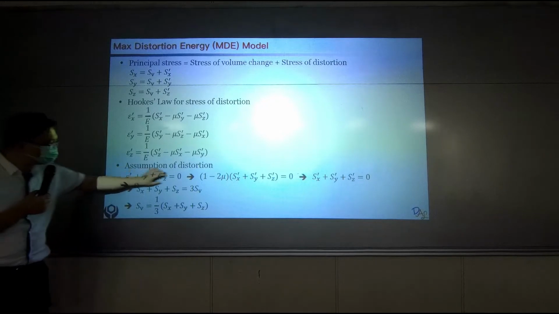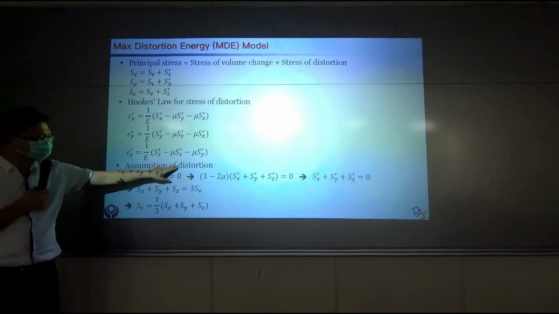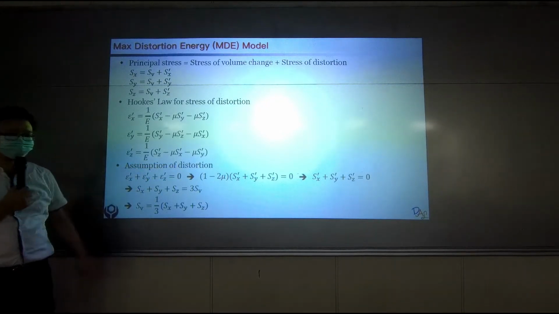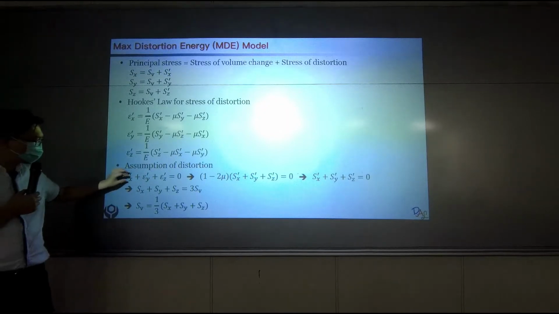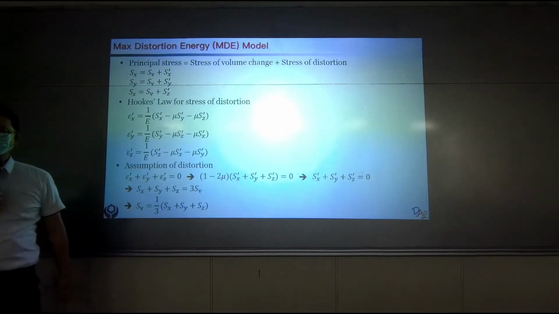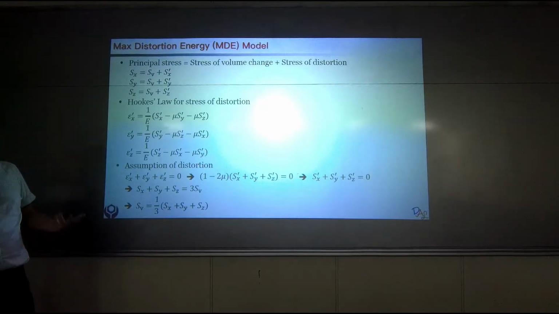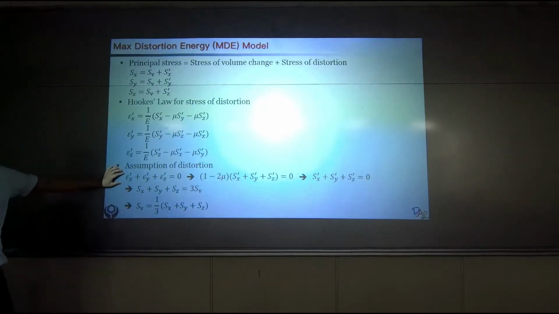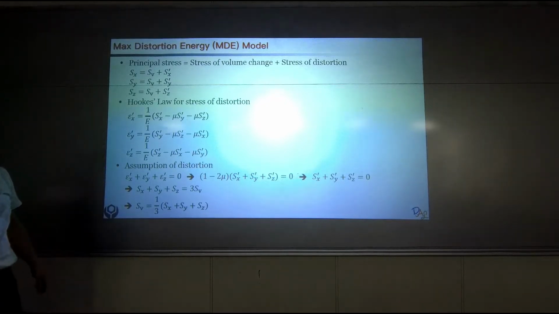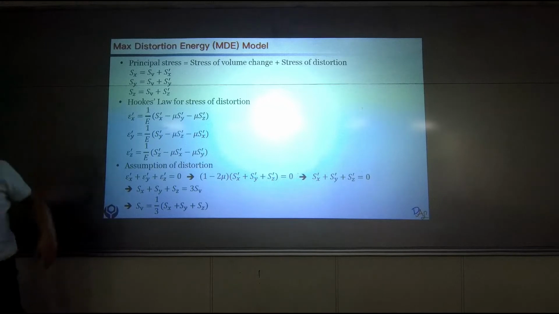But can you truly use it to represent distortion, does it really mean no volume change? When they are very small, I think yes, we can. But if we have large deformation, how are you sure? Okay, so this is the one assumption that this theory made. And the rest is just mathematics.